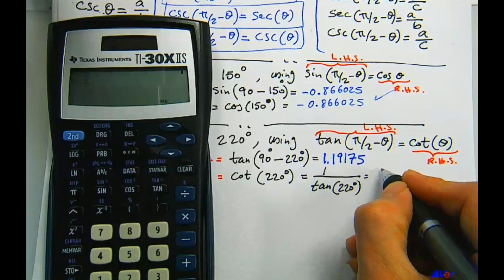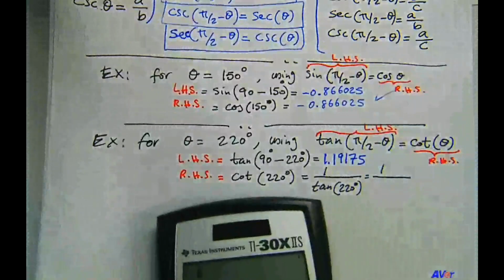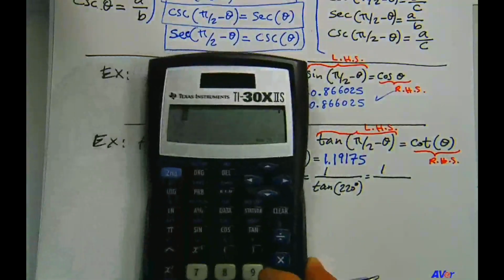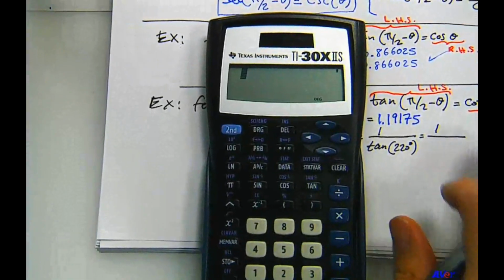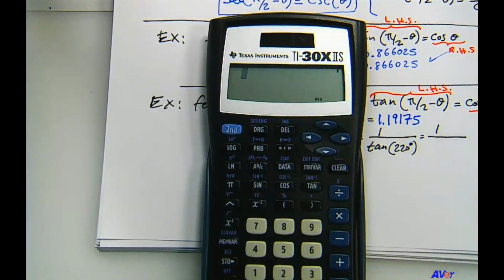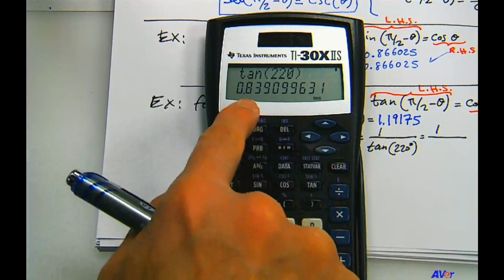So let's find out what that is. 1 divided by, I'm going to calculate tangent of 220. So tangent of 220 equals that number.